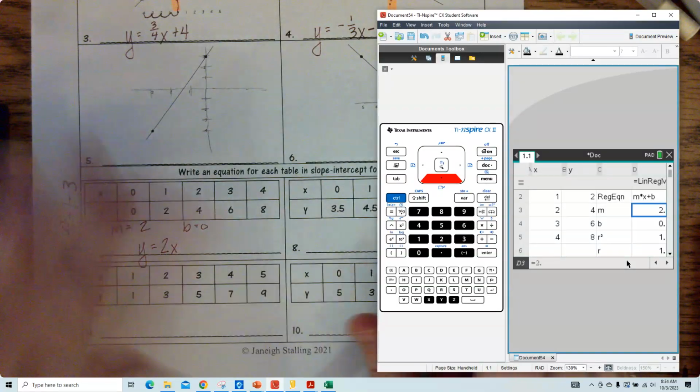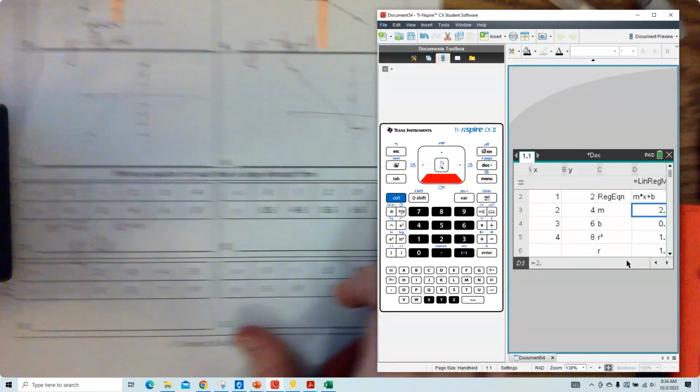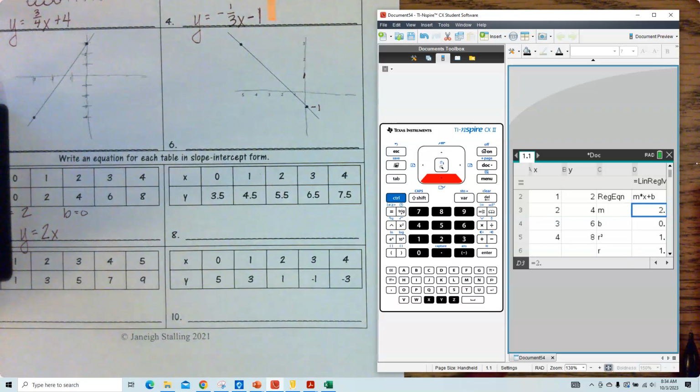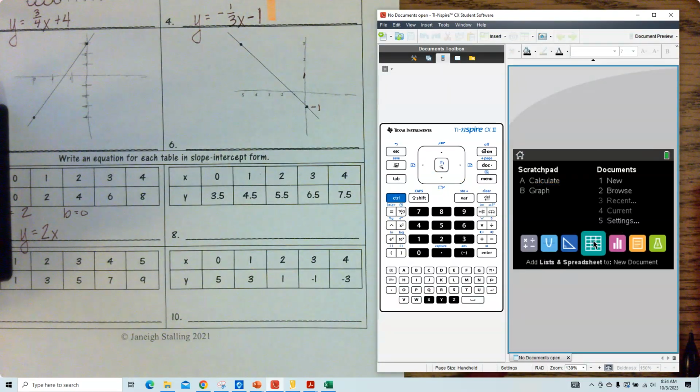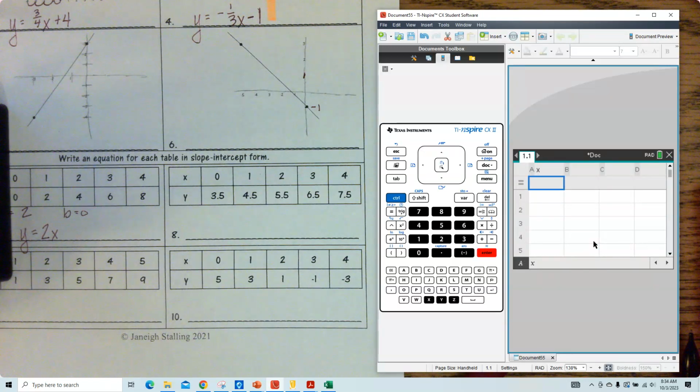All right, so let's do number 8. So I'm Xing out at the top. Don't save. Starting a new one. X and Y. All right, my X is 0, 1, 2, 3, 4.